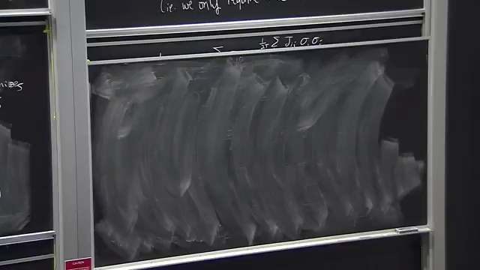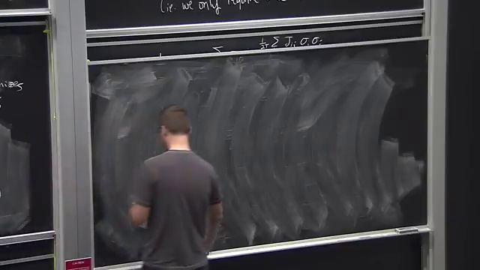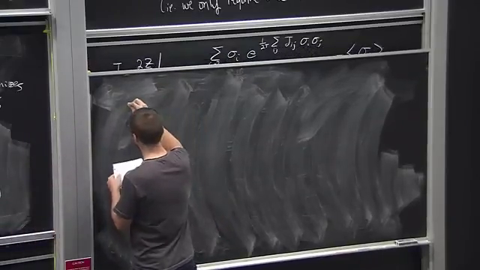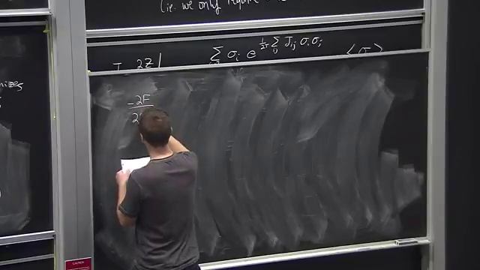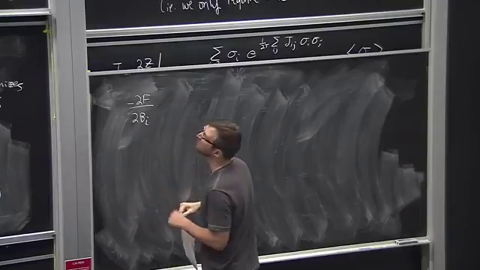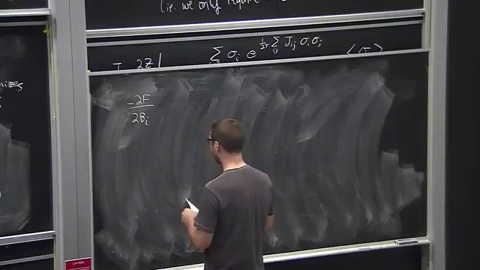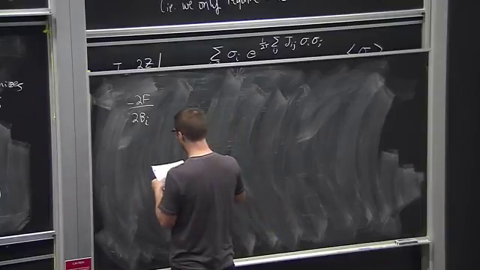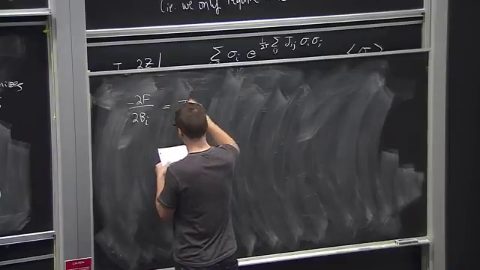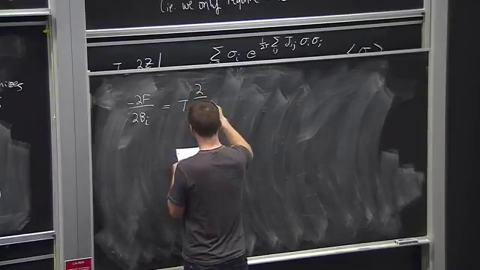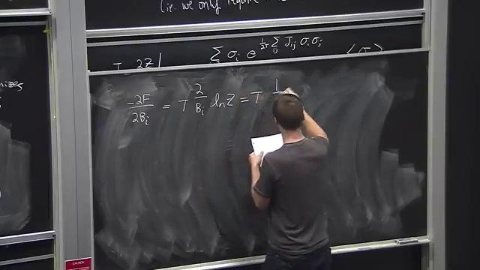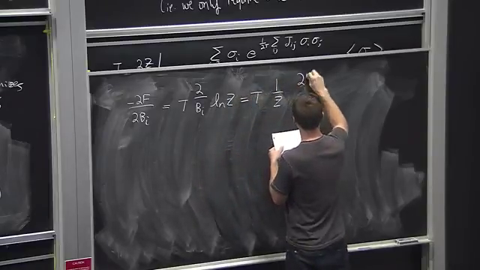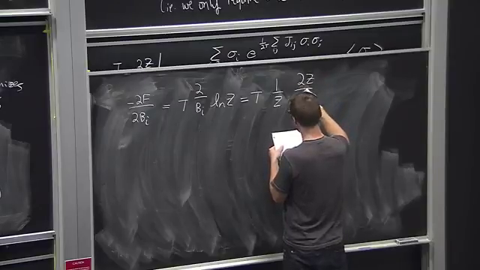So the first one, right, so let me do a minus. So this bad boy should equal T1 over Z. I'm just writing identities that we've already used.